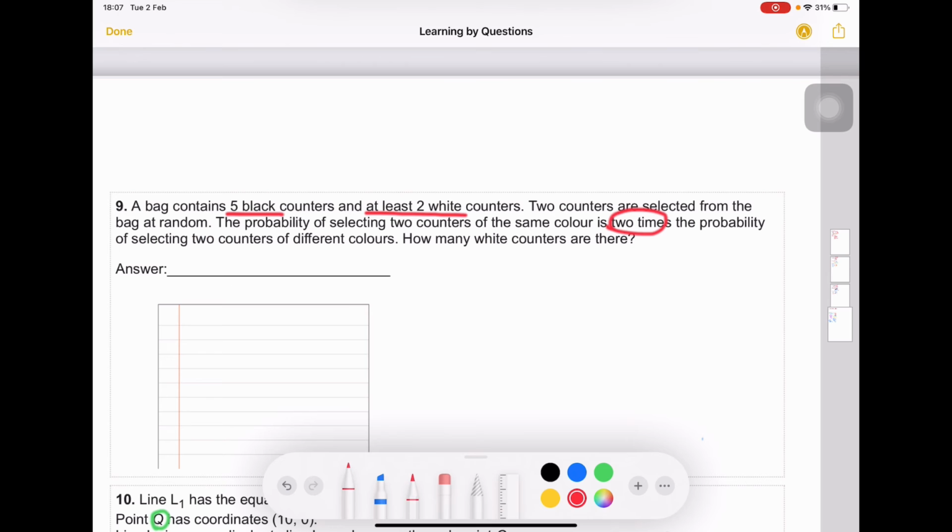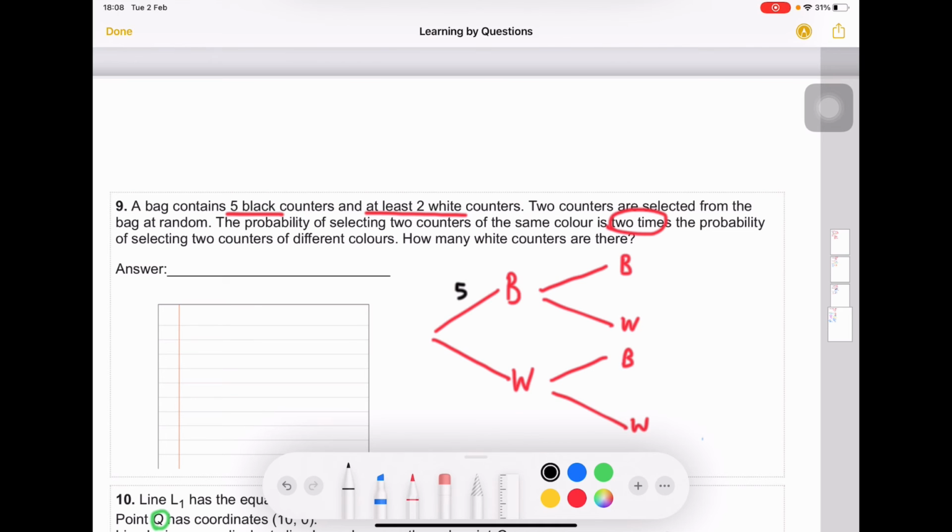So we're going to draw a tree diagram. There are 2 outcomes, selecting a black counter or selecting a white counter. And on the second selection, there will again be 2 options. Black, white, black, white. So let's use B for black.